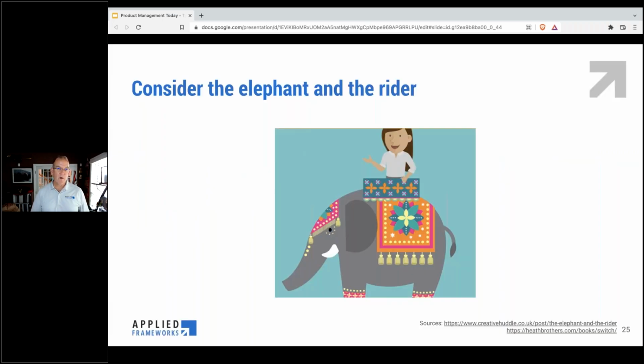So first, I want to consider the elephant and the rider. And I really like this metaphor for thinking about how people respond to communication. So this metaphor starts with the rider, and the rider is our rational, analytical mind, how we receive and process things very rationally.